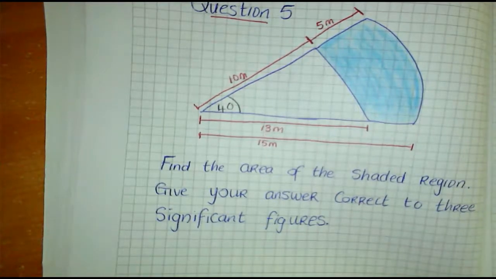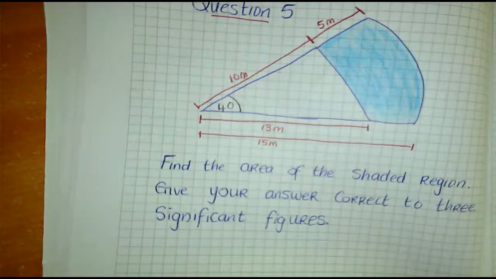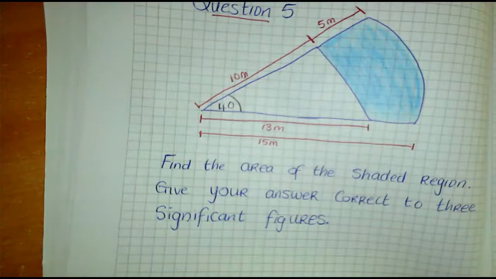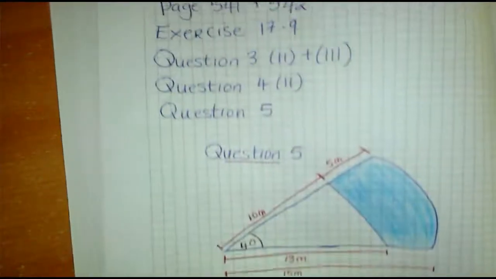We don't come across it very often, but it always sneaks in somewhere. So just be mindful that it's not 3 decimal places. It's not the same thing. It's 3 significant figures, so it's the first 3 non-zero figures.